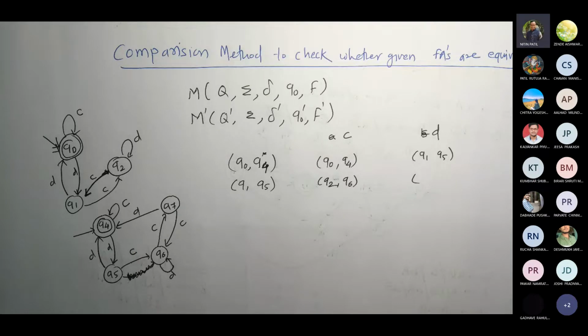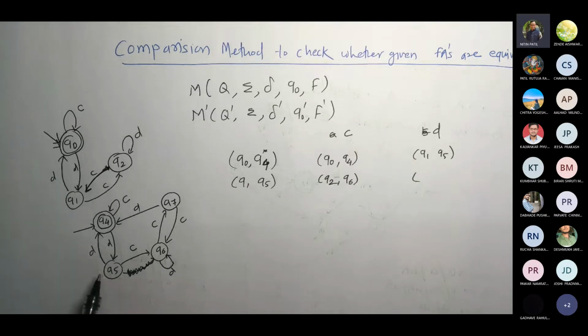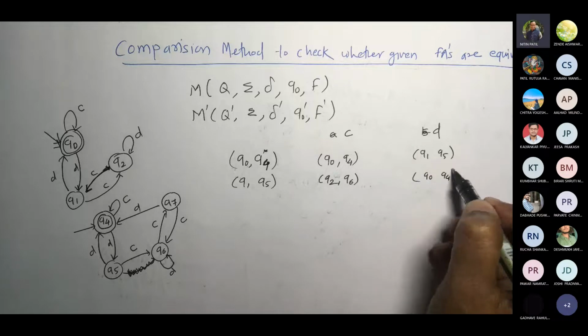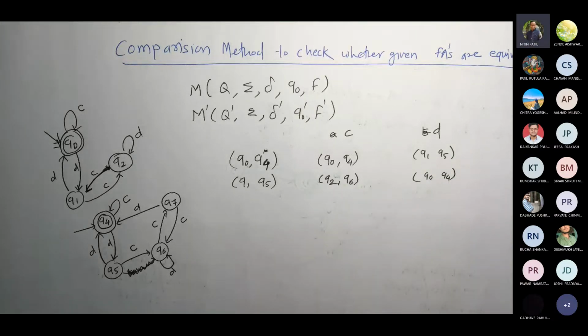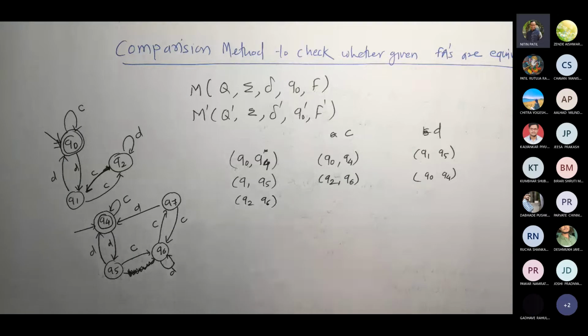Is it right? Yes, sir. So we have Q1D is Q0, Q5D is Q4. So we got Q0, Q4. Which is the new entry? Q2, Q6. Okay, take it.